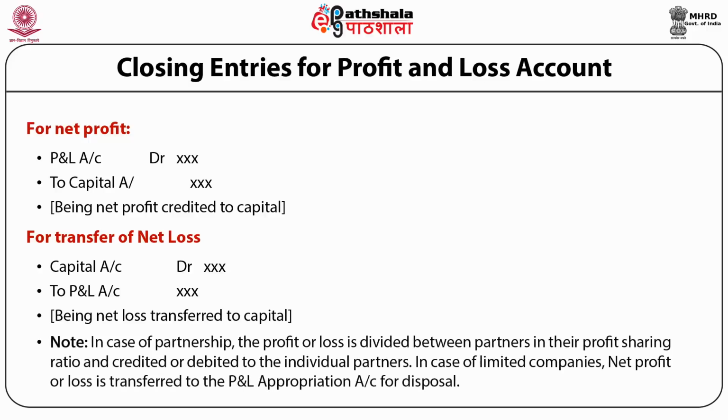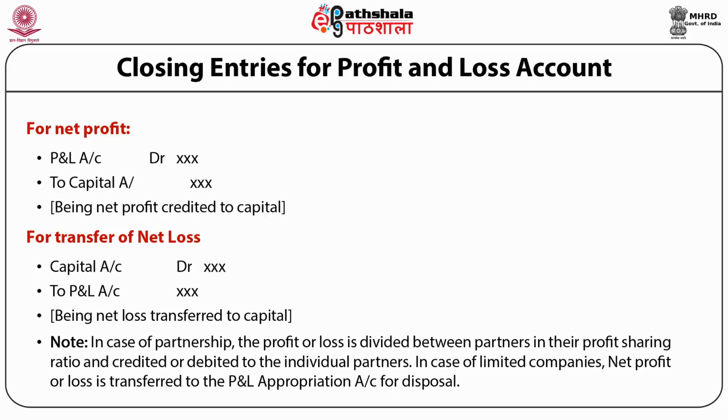It is important to note that in case of partnership, the profit and loss is divided between partners in their profit sharing ratio and credited or debited to the individual partners. In case of limited companies, net profit is transferred to profit and loss appropriation account for disposal. It means in case of sole trade, the profit will be transferred to capital account.